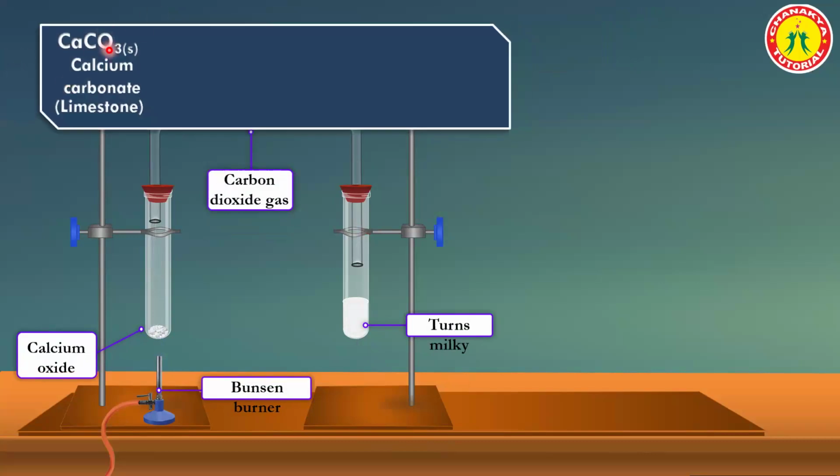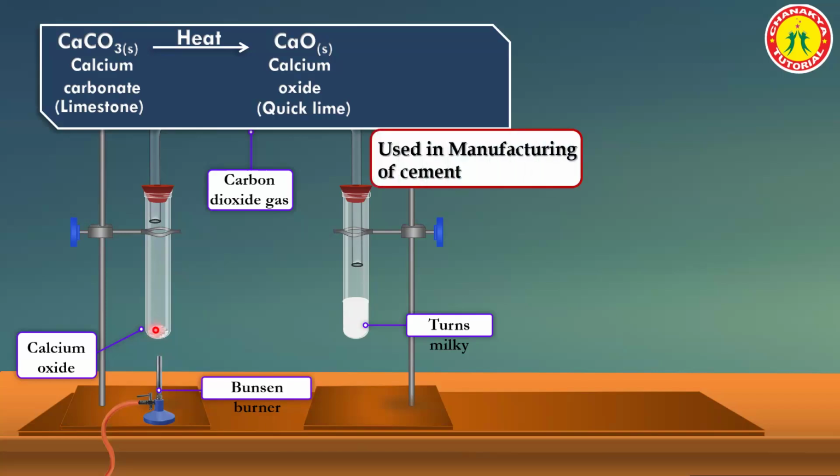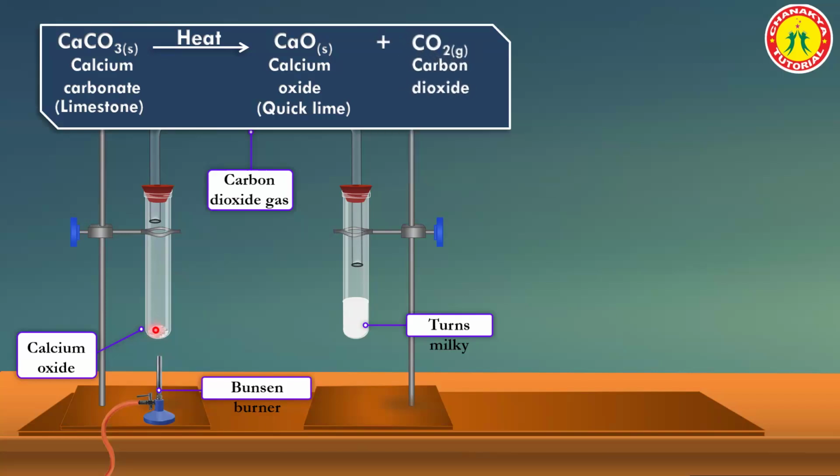So calcium carbonate, on heating, we had one reactant, calcium carbonate. We heated it, it changed into calcium oxide, and the CO2 gas was released. How do we check that the CO2 gas was released? It was made to pass through this pipe and add to the calcium hydroxide solution, and it turned it milky.